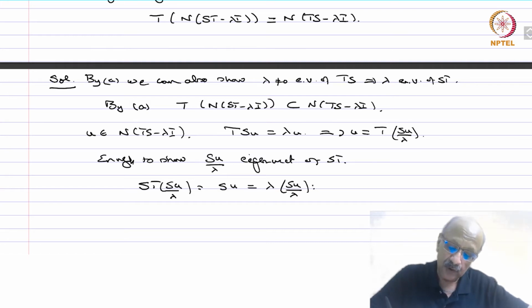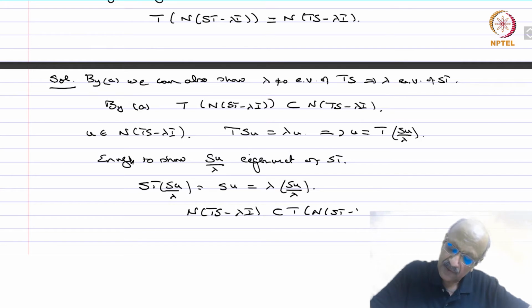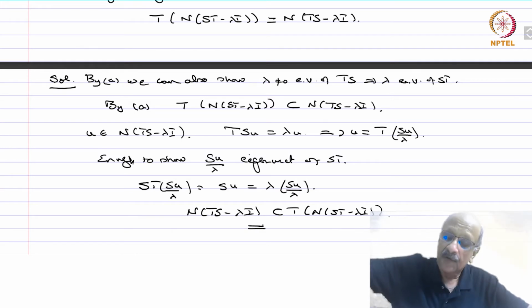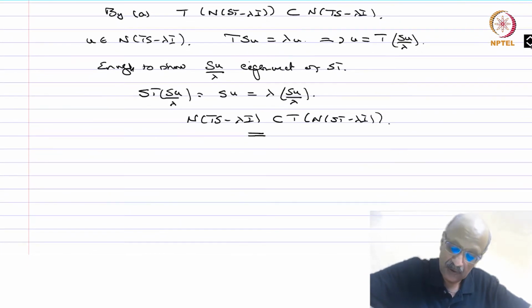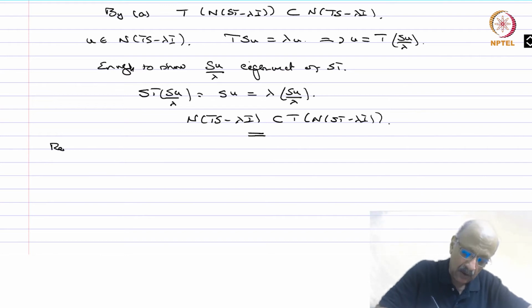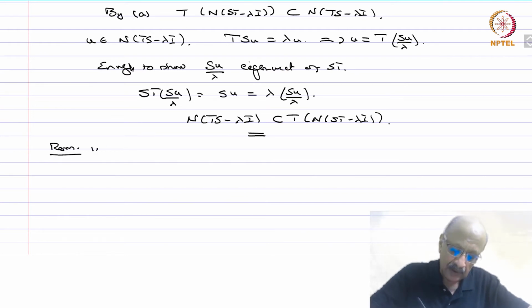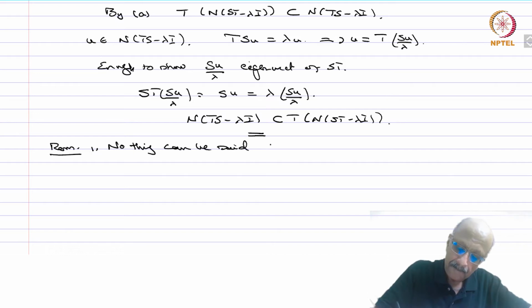Therefore, we have shown that the null space of TS minus lambda I is contained in T of the null space of ST minus lambda I. Okay, so we have shown that all the non-zero eigenvalues of TS and ST are the same. Okay, so remark 1: nothing can be said about lambda equal to 0 in infinite dimensions.